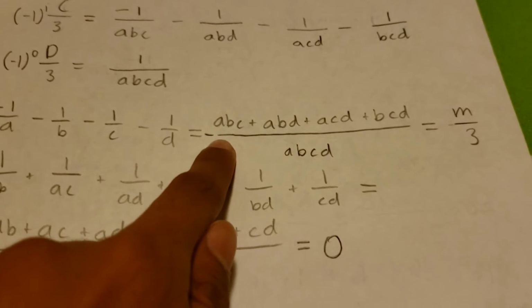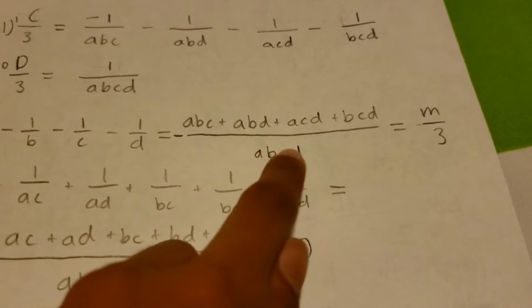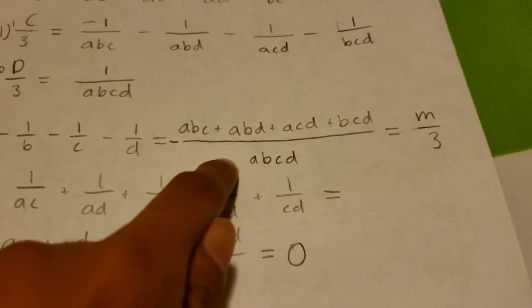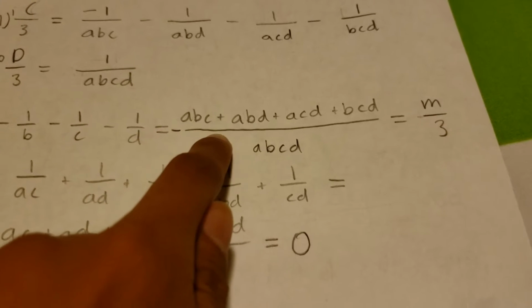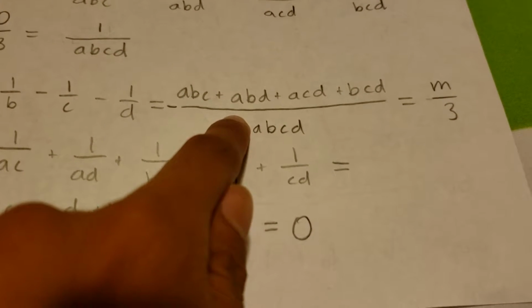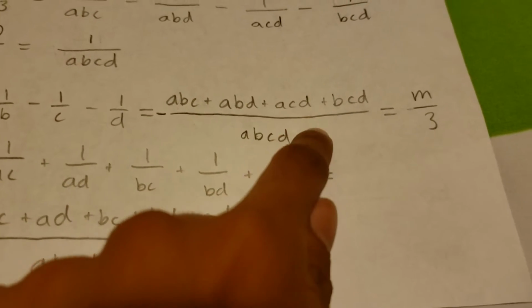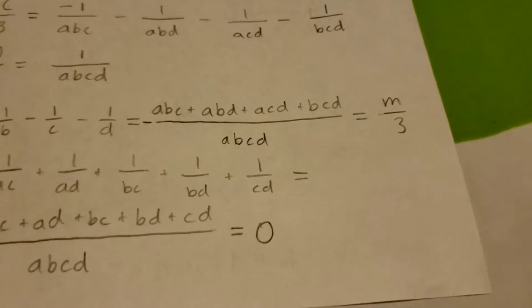So for example, for abc over abcd, we would get negative 1 over d. For abd over abcd, we would get negative 1 over c. And then here, we just get negative 1 over b, and then negative 1 over a.